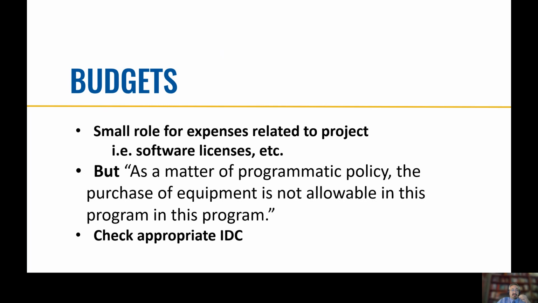And I'd recommend that you check carefully that you've used the right indirect cost percentage. There may be multiple indirect cost rates, and you'll want to check with our budget office in advance which is the correct rate for your project if you have any questions.